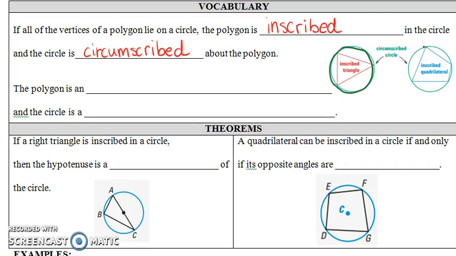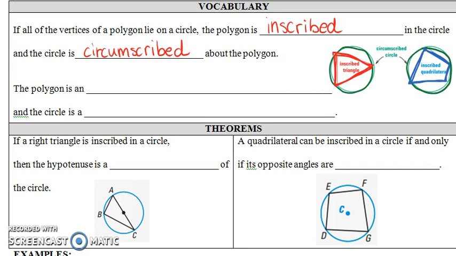I know my circle isn't as good as the drawing, but you see what I'm pointing out here. The circle is around the shape, and then the shape that's actually inside of the circle is the inscribed shape. So this would be the inscribed triangle, and over here, this would be the inscribed quadrilateral. Remember, quadrilateral is a shape with 4 sides.